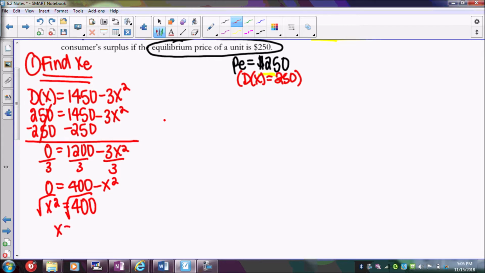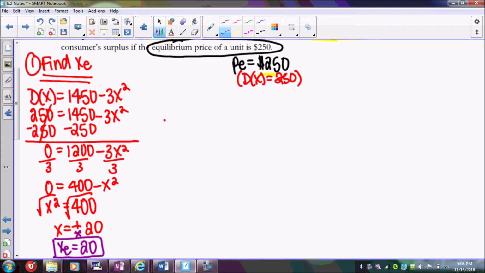So I get x equals plus or minus 20. I'm going to reject the negative because we don't want negative units. So x sub e is 20 units. That means the x value at the equilibrium point is 20 units. So when the price is $250, the number of units is 20.